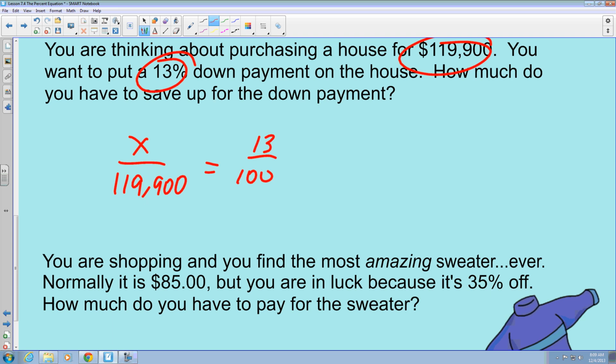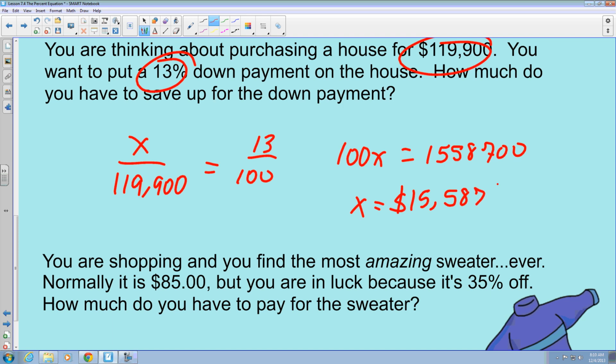Again, we cross multiply, so it's 100x equals 119,900 multiplied by 13, which gives me 1,558,700. If I divide that by 100, that means I have to put down $15,587.